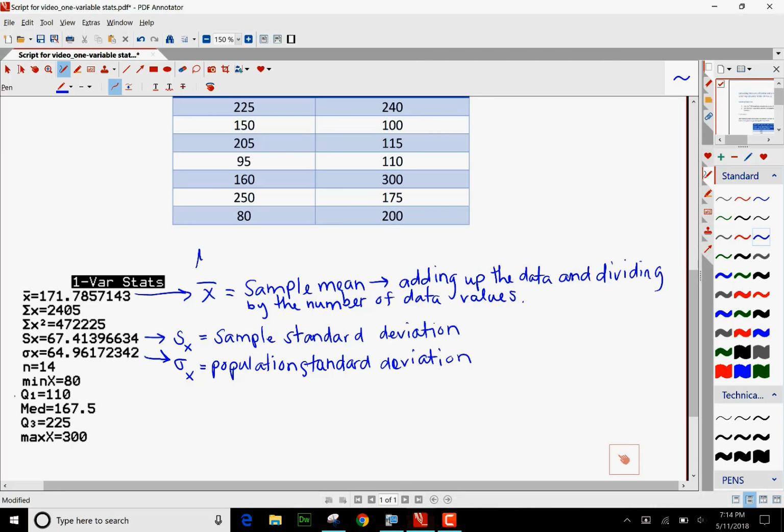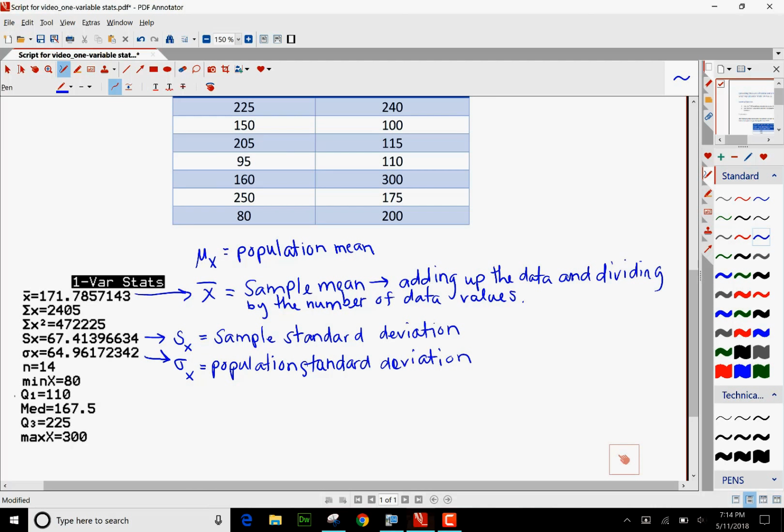Now, mu x would be if it wasn't just from a sample, if it was the actual population. So that would be the population mean. So it's still the situation where you add them all up and divide by the number of data values, but it's more powerful because you know it's from the population.